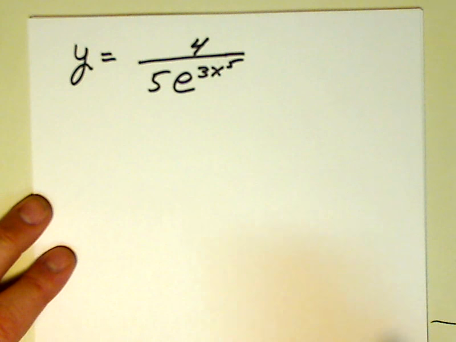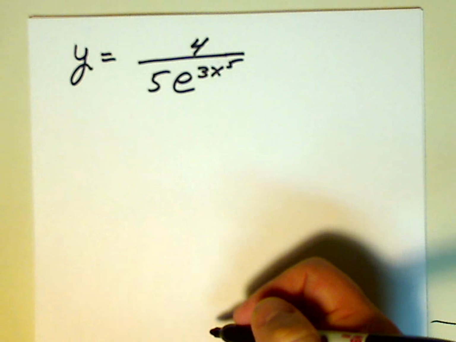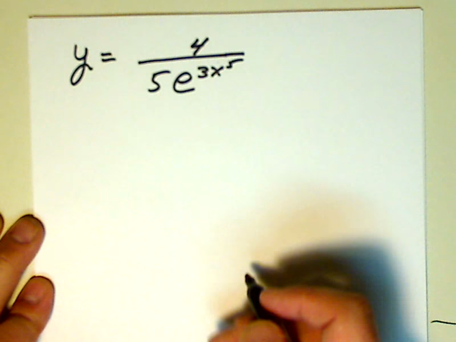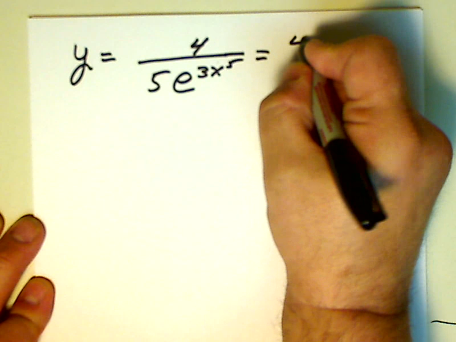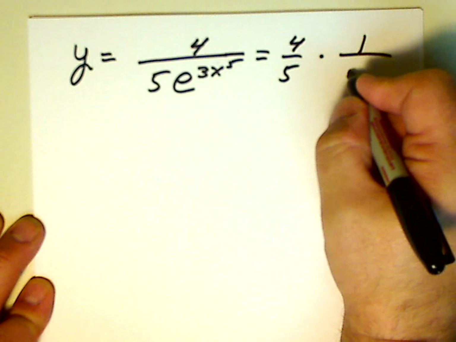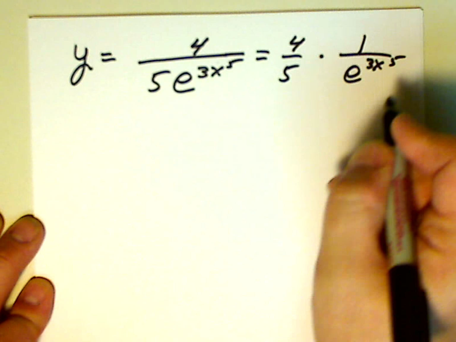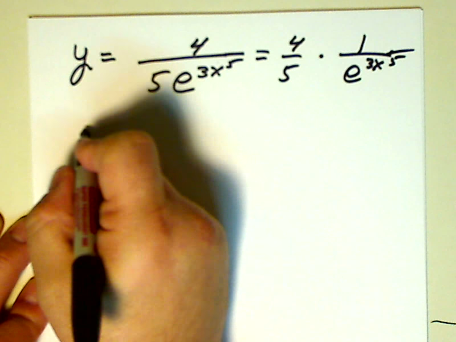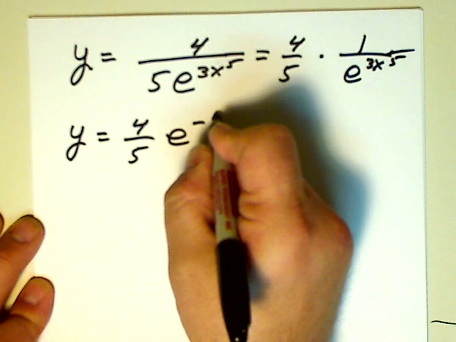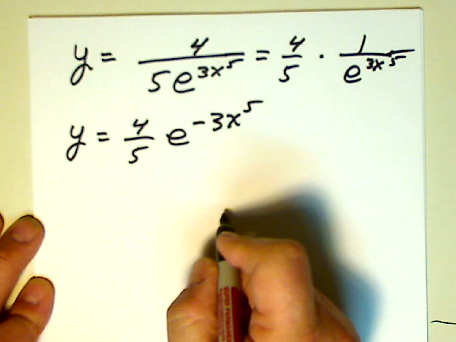And this is y equals 4 over 5e to the 3x to the 5th. So we can pull out the 4/5, and we're going to multiply it by 1 over e to the 3x to the 5th. And y is equal to 4 over 5 e to the negative 3x to the 5th.